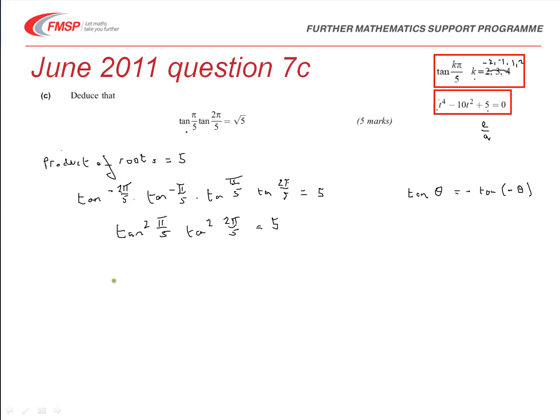Take the square root on both sides, that gives us tan of pi by 5 multiplied by the tan of 2 pi by 5 must equal either the positive or the negative root of 5. But we know that the tan of pi by 5 and 2 pi by 5 are both positive.